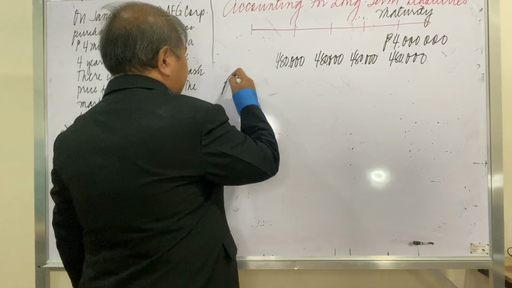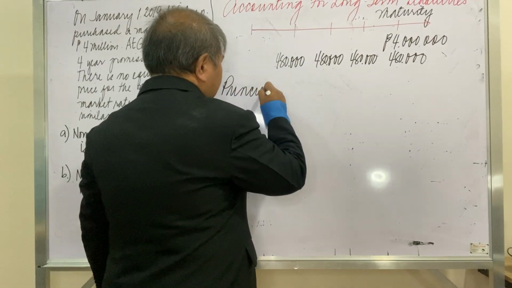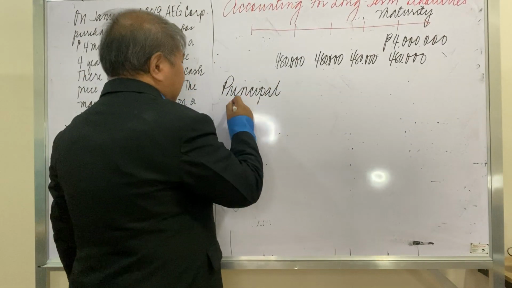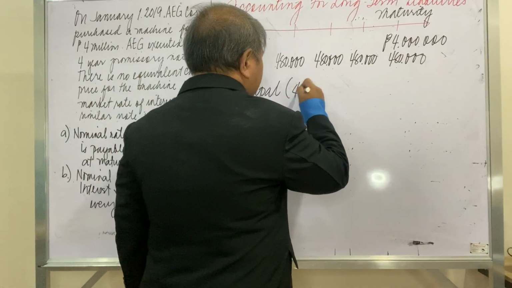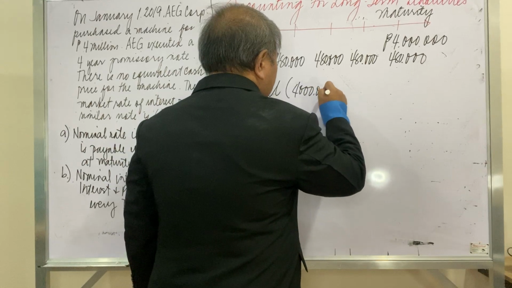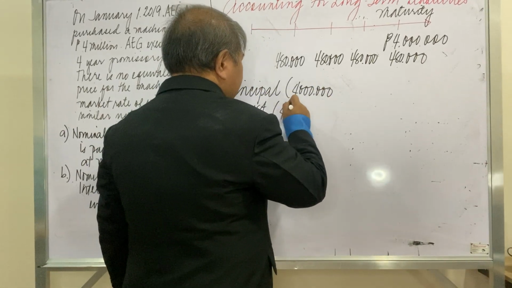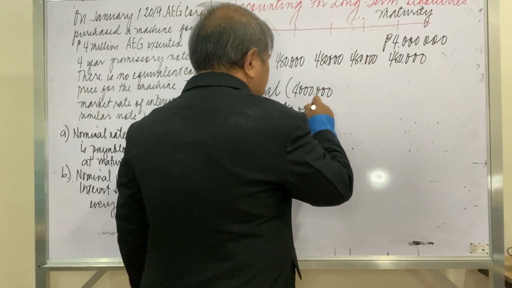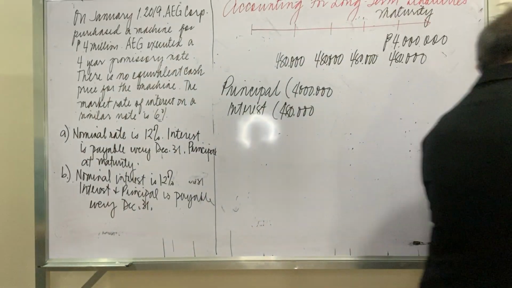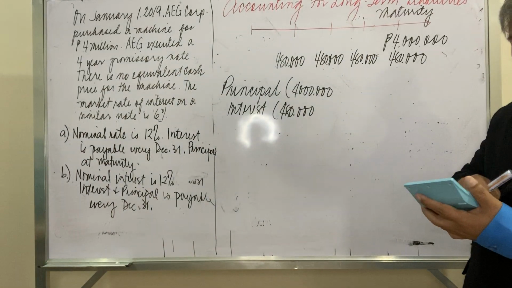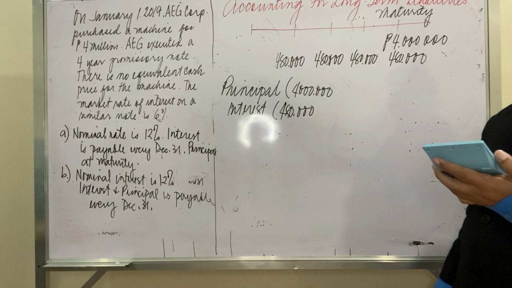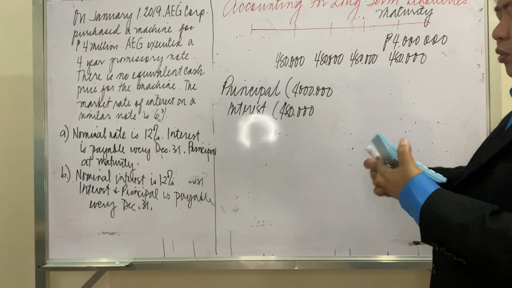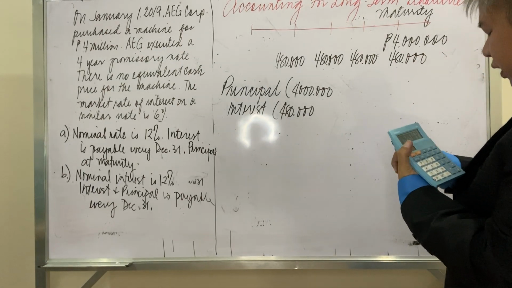So let us do this. You have the principal and you have the interest. The principal is 4 million pesos, and the interest is 480,000. Let us compute the present value factor: 1.06 to the power of 4, and 1 divided by that gives 0.7920.